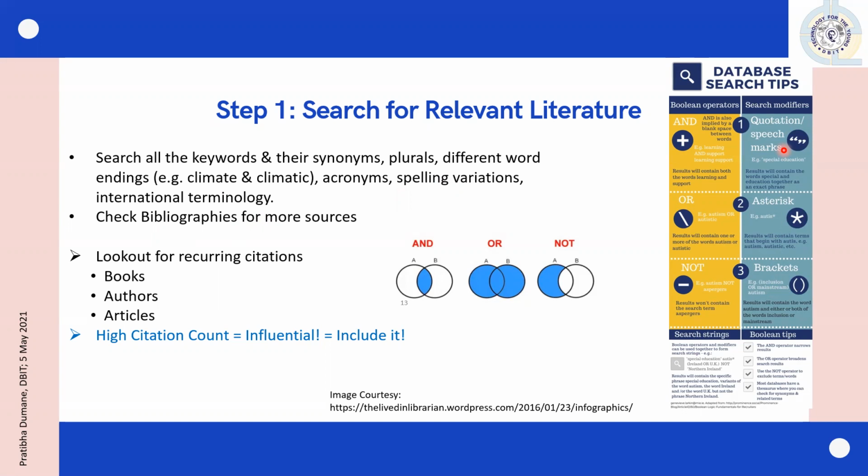This will give you all search results which are about the tech company Apple and not about the apple as a fruit. Remember, AND will narrow the search while the Boolean operator OR will broaden it. And also use synonyms. Then look out for recurring citations of books, authors, articles. And remember, whenever there is a high citation count, definitely that article is an influential one and you need to include it in your research.